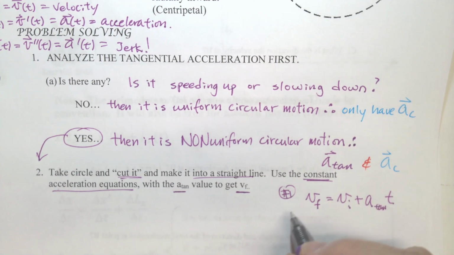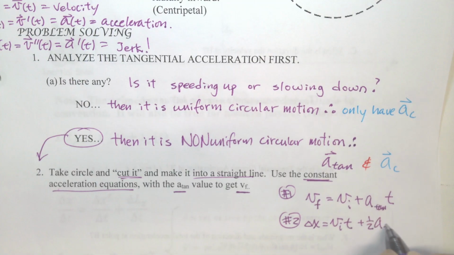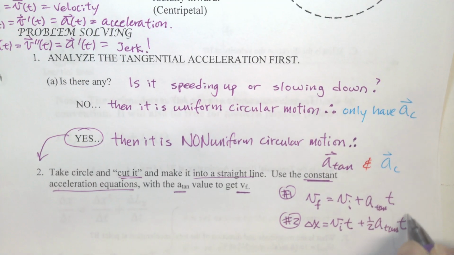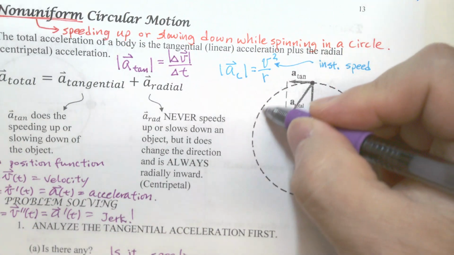And you probably also know the second equation, which is delta x is equal to Vi t plus 1/2 a tangential t squared. This delta x is wherever the arc length is.